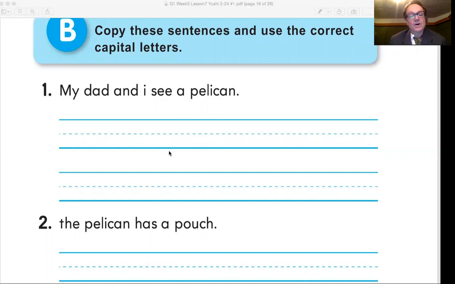Okay, so I'm going to type these and I'll show you the right answer, okay? Now, when you write these, you're going to want to make it quite a bit bigger.